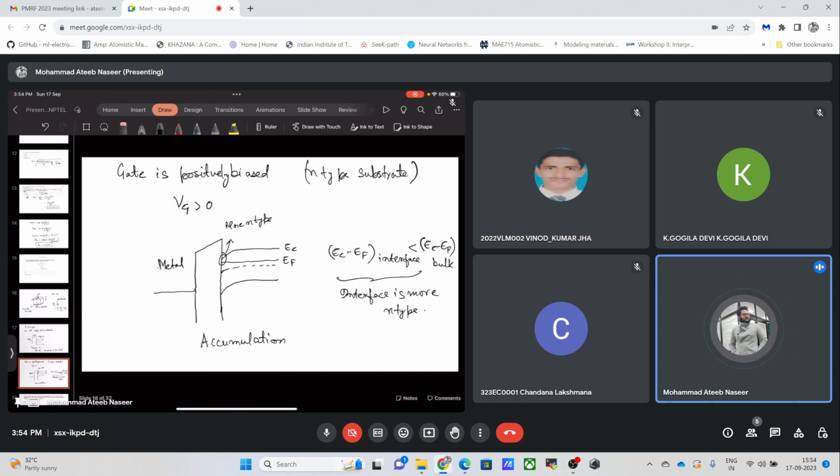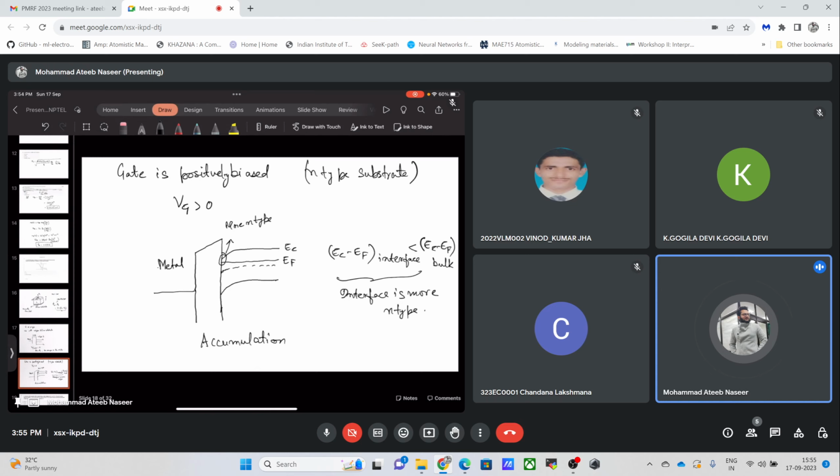So the majority carrier concentration is greater near the oxide semiconductor interface, that is, the interface is more n-type.